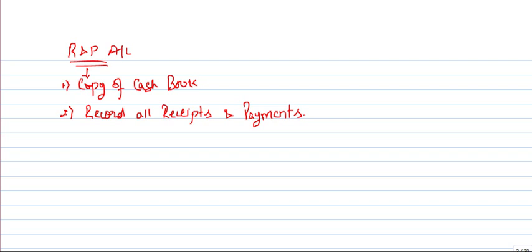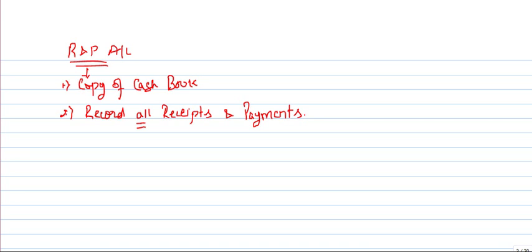Now why has this word all been used here? One thing I have told you, that whatever comes in your pocket you have to record, that is receipts. Whatever goes out of your pocket you have to record, that is payments. Why has this word all been used here? Record all the receipts and payments.